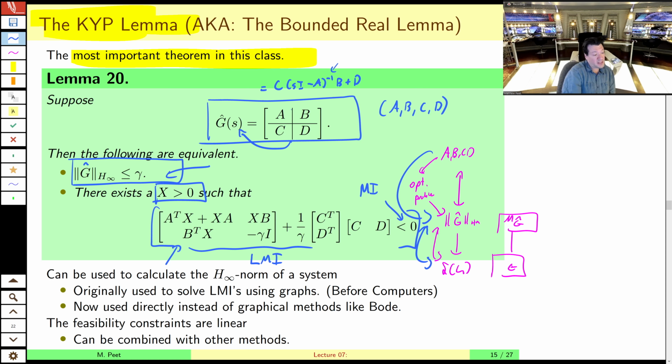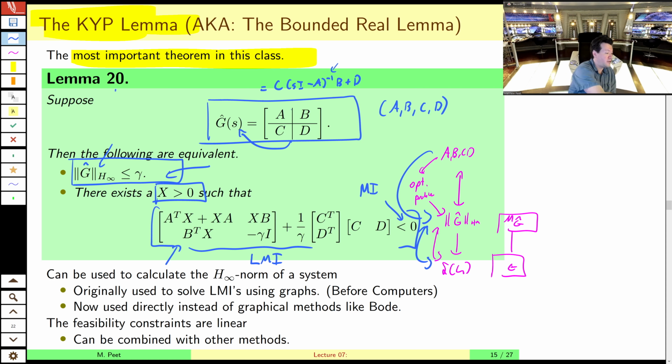In fact, the KYP lemma predates LMIs. People didn't think about LMIs when the Kalman-Yakubovich-Popov lemma was being created. It wasn't a thing. And in fact, the derivation of the KYP lemma was because people thought that testing these things was easier, and in a way it is.